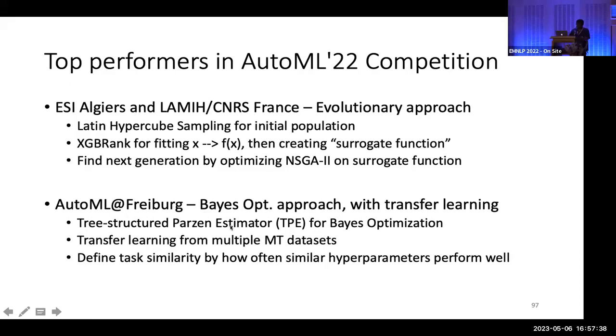Another team used something called the tree-structured Parzen estimator, and they focused on transfer learning. They took our Chinese data set, learned the best parameters, and tried to transfer them to our Japanese data set. I think this could be an interesting area to be in, and we're interested in trying their approaches on our data sets.